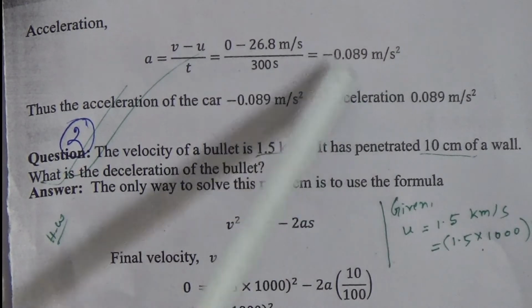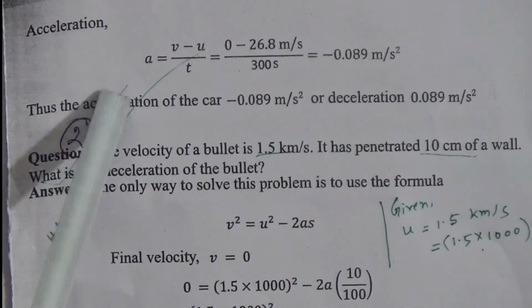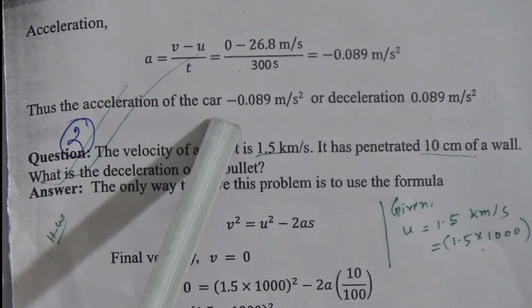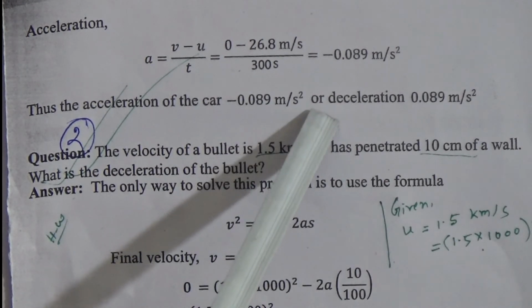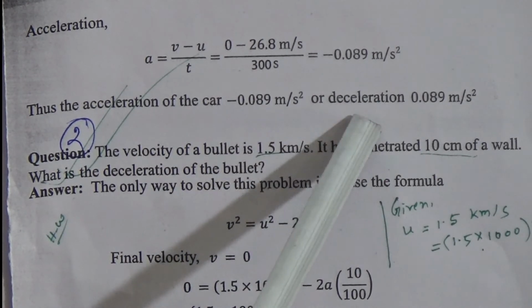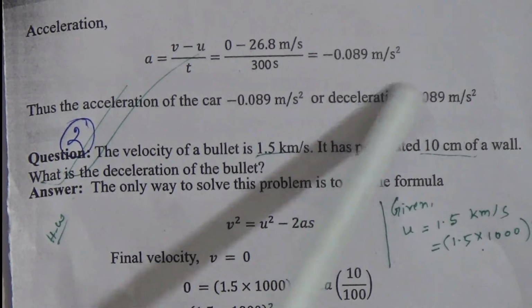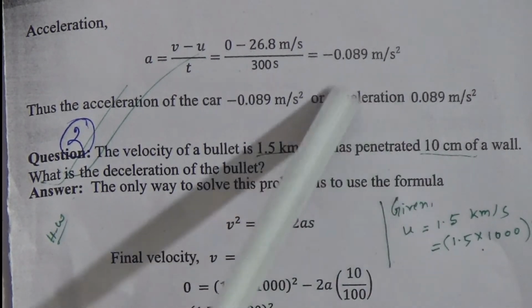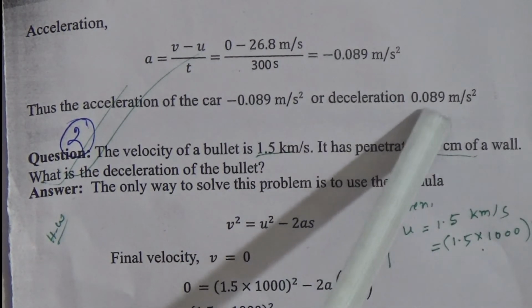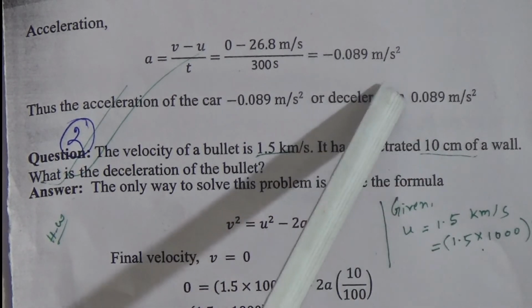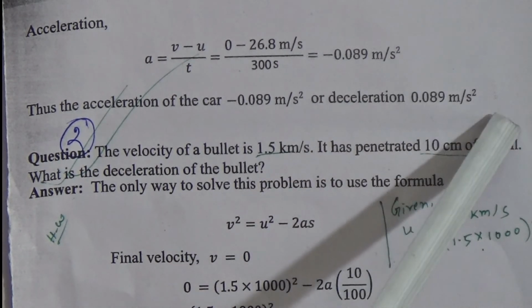Here we get the negative result, that's why the acceleration of the car is minus 0.089 meter per second square, or deceleration or negative acceleration. When we say deceleration or negative acceleration, then we avoid the minus sign, then we can write 0.089 meter per second square.